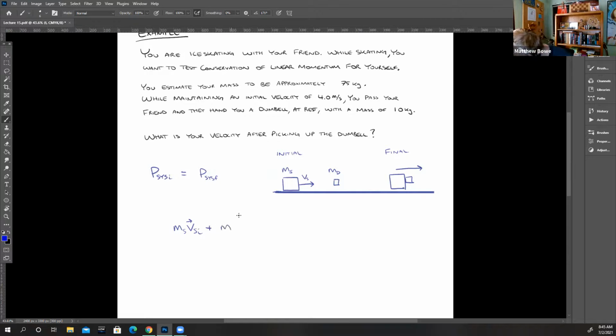So mass of the dumbbell times the velocity of the dumbbell in its initial configuration. And we have the final case on the right hand side of the equation.